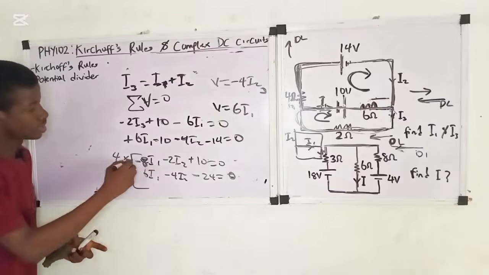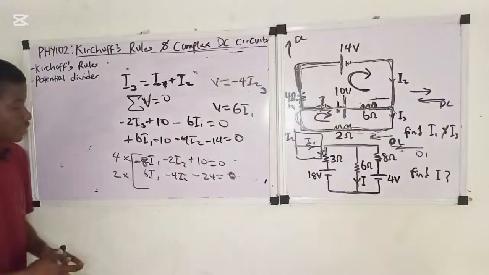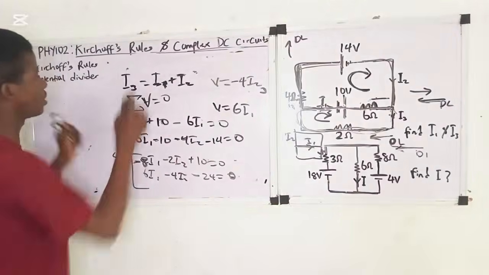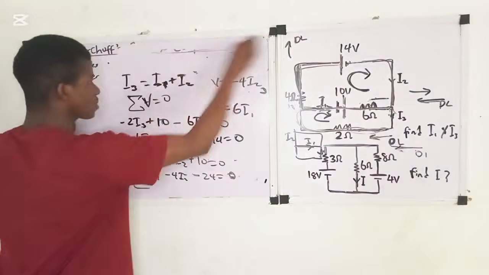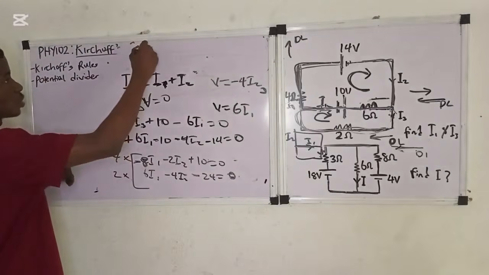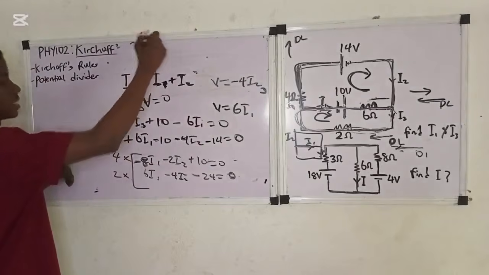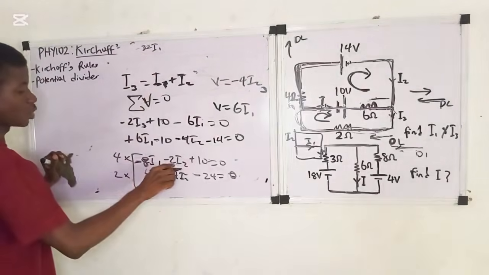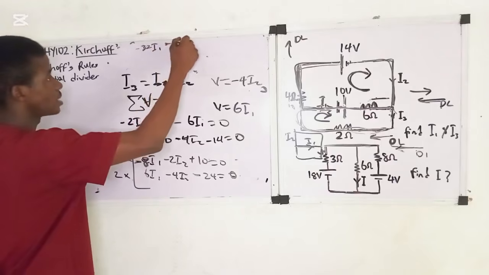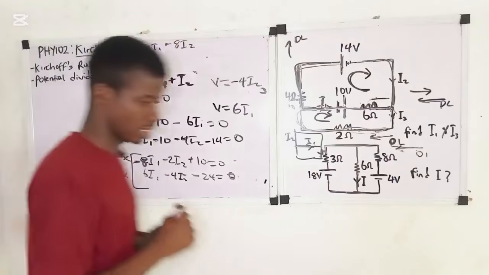So 4 times minus 8 is minus 32 I1, right? Then 4 times minus 2 I2 gives us minus 8 I2, right?